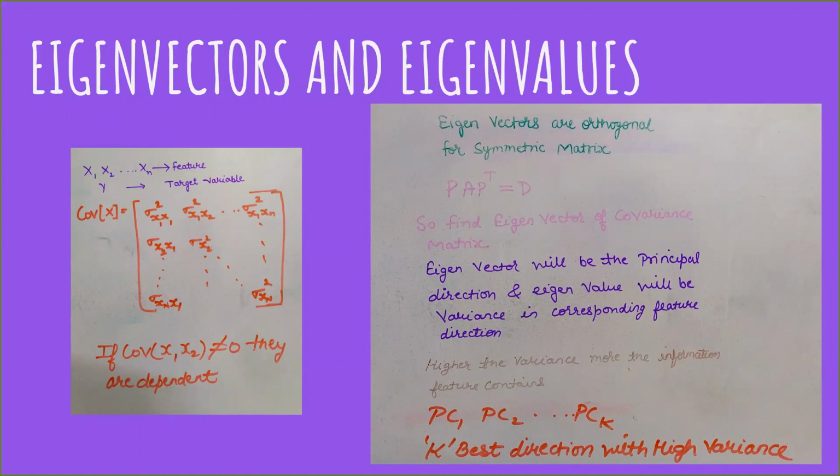Till now we have just rotated the feature space, right? We have not reduced the dimensions, but after rotating the axes and finding the space in which the features have become independent, we can reduce the dimensions by dropping some of the features that contain very little information.